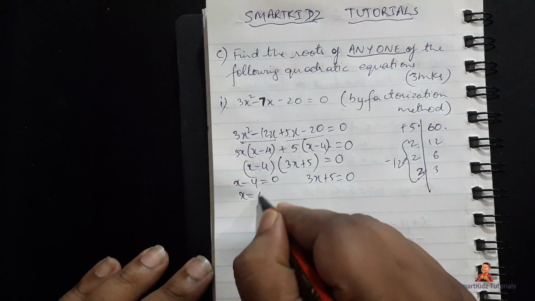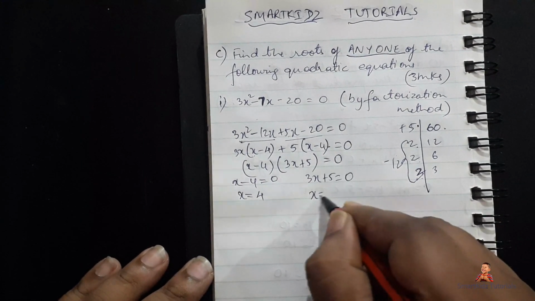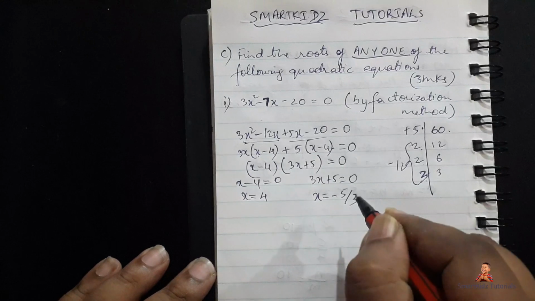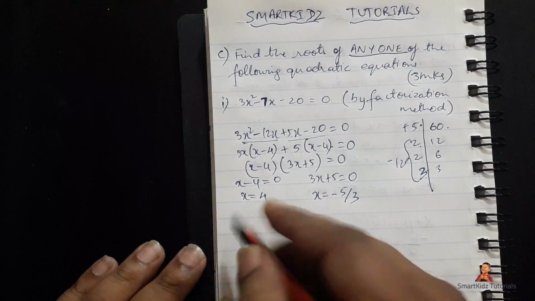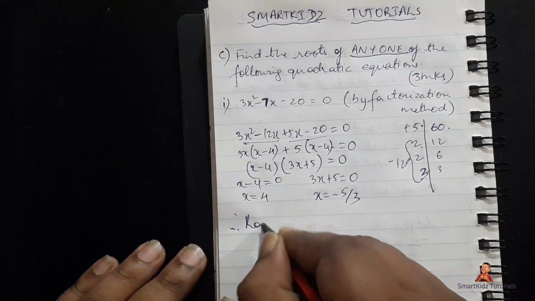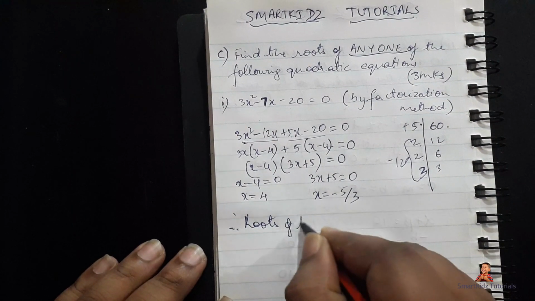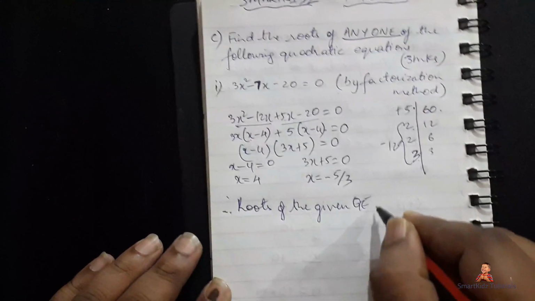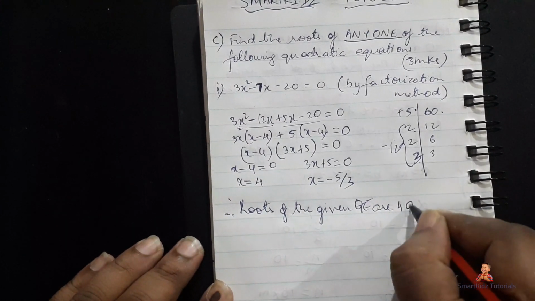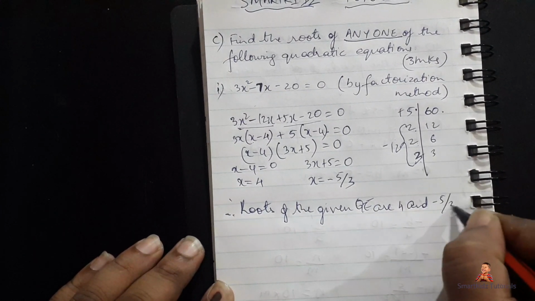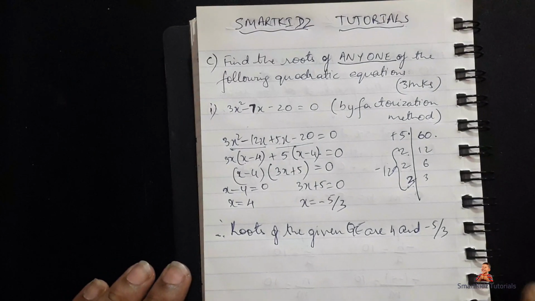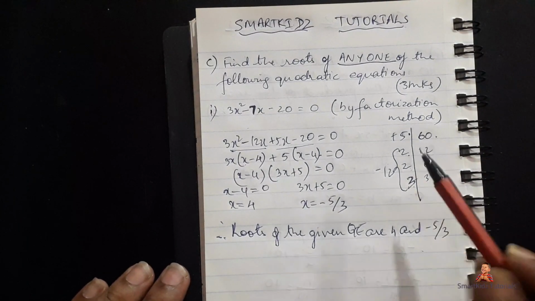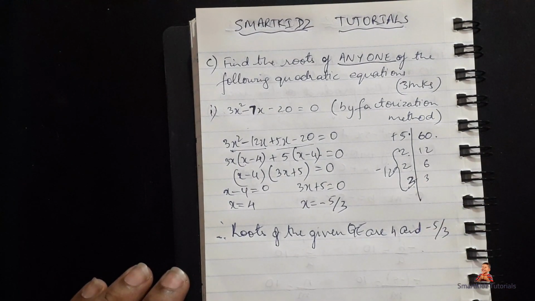In other words, x is equal to 4, and you also have x equal to minus 5 upon 3. Therefore the roots of the given quadratic equation are 4 and minus 5 upon 3. That's the solution to this, and this is for 3 marks.